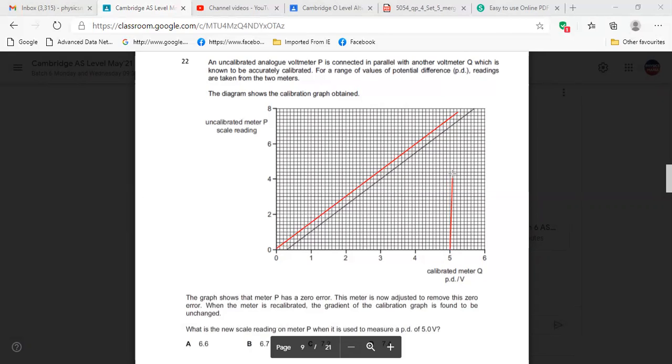A straight line you will draw from here, go up, go up, go up till here, and you check what reading is coming in P. If you draw from here a straight line till P, is it okay?